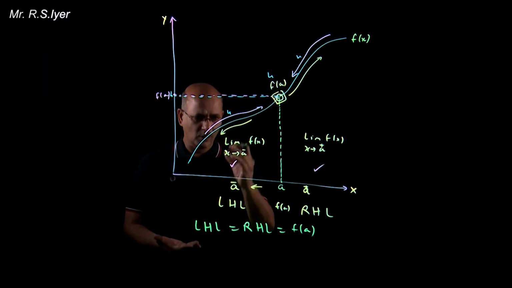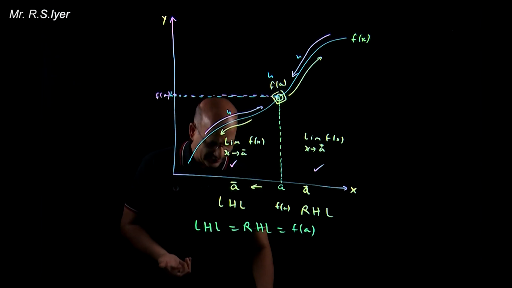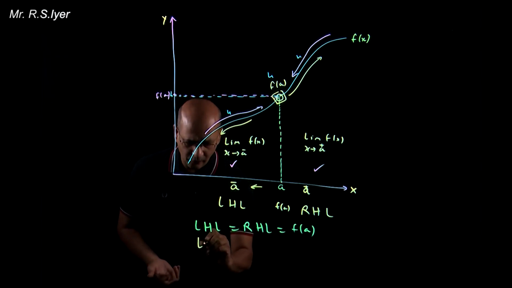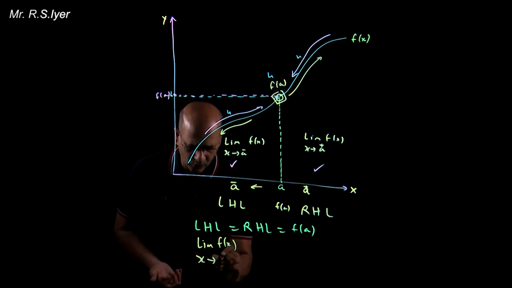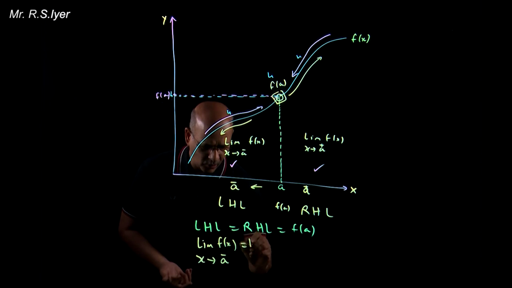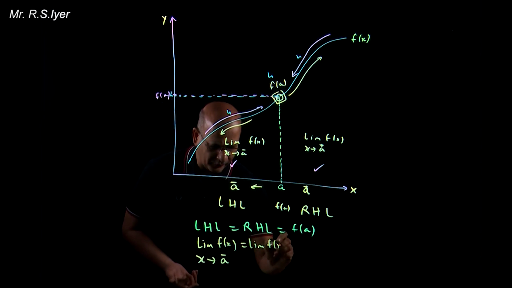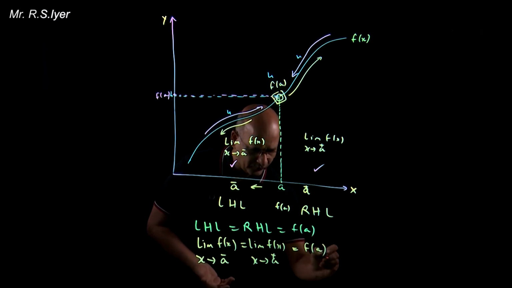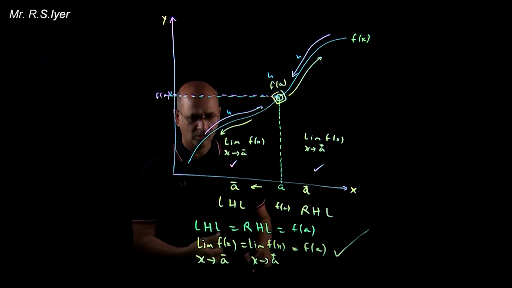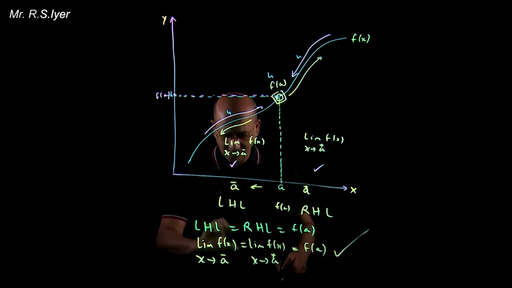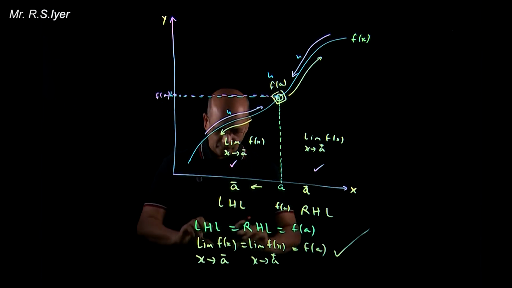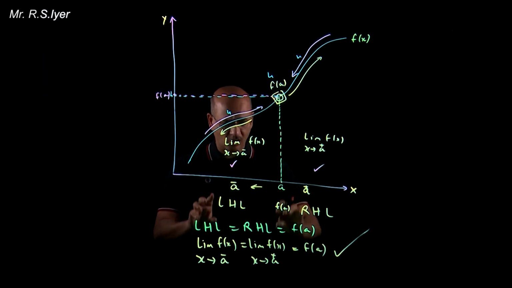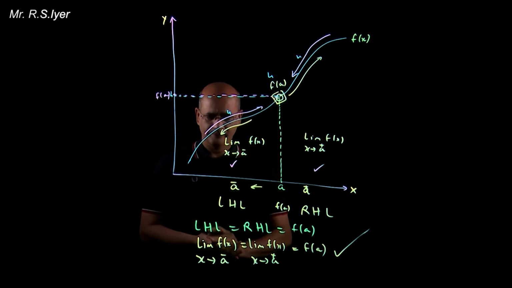Left hand limit implies limit of f of x as x approaches a minus is equal to limit of f of x as x tends to a plus, that is the right hand limit, is equal to f of a. This is the method to find out whether the function is continuous or not at x equals a.